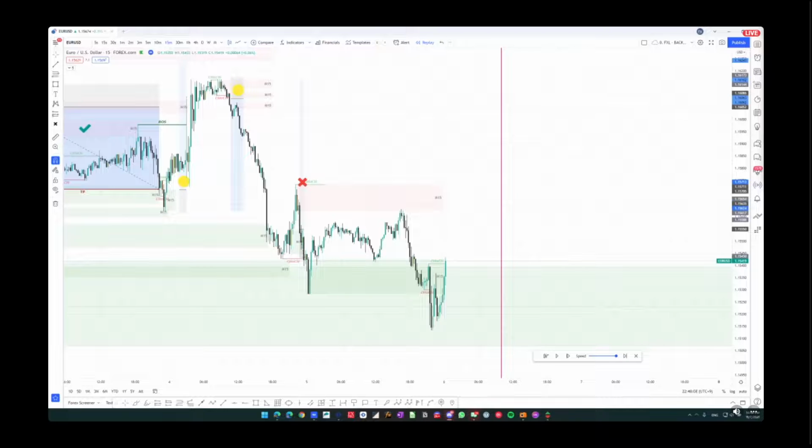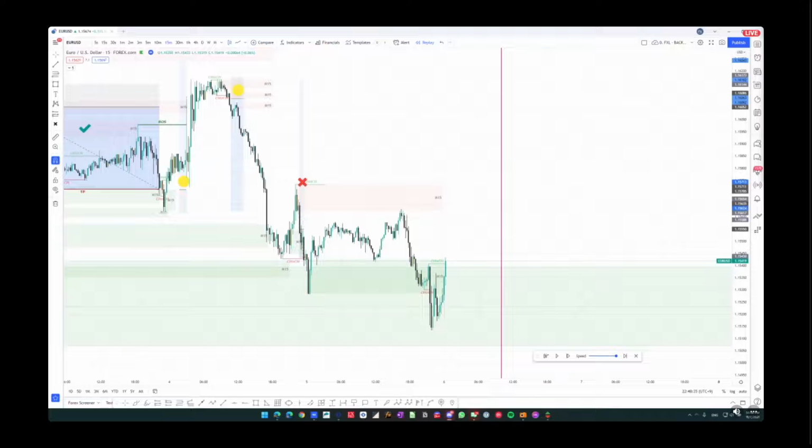The first problem with me is this supply zone had inducement, right? But the problem is price is in this one, heavily in this one.